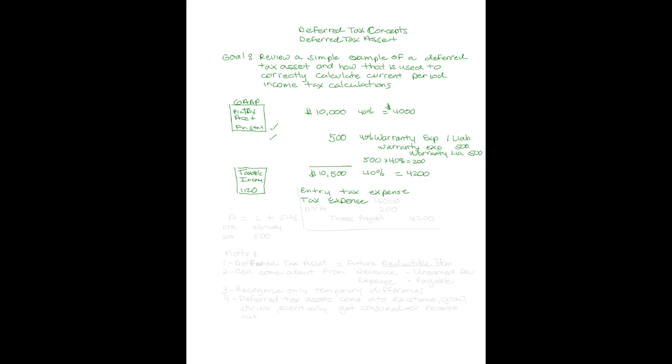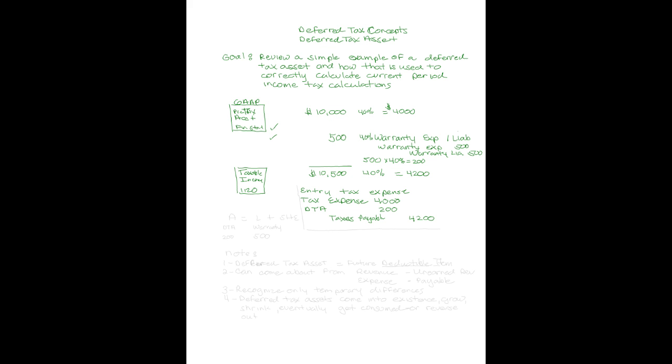It will include a deferred tax asset, which we're going to abbreviate DTA, and it will show taxes payable. The taxes payable is $4,200. The deferred tax asset is $200, and our tax expense is the sum of the two, or $4,000, and yes, it ties to our financial statement this time.